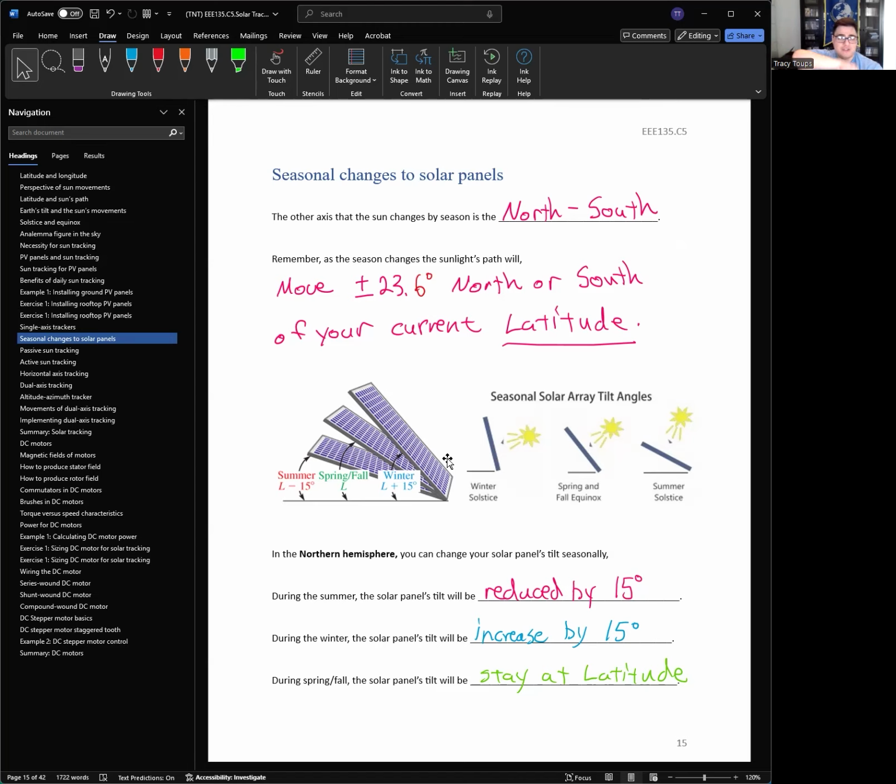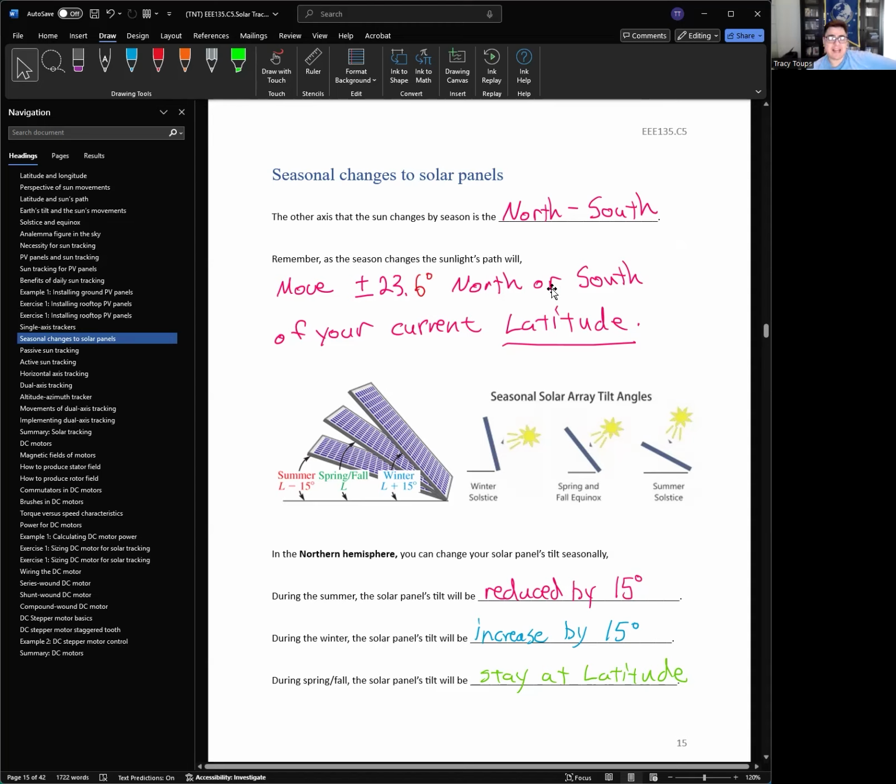Think of drawing the arc. The arc will bend north to south seasonally. So in the summer, we're going to have our 38.6 degrees, subtract this difference, and the tilt on our solar panel needs to be less because in the summer we're more direct.